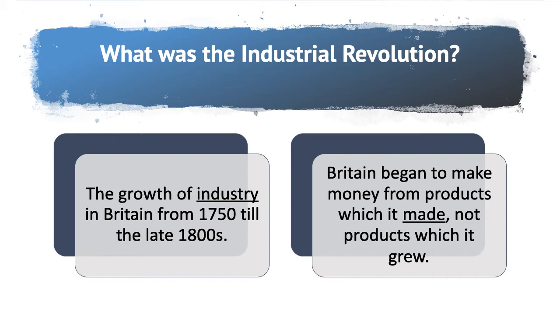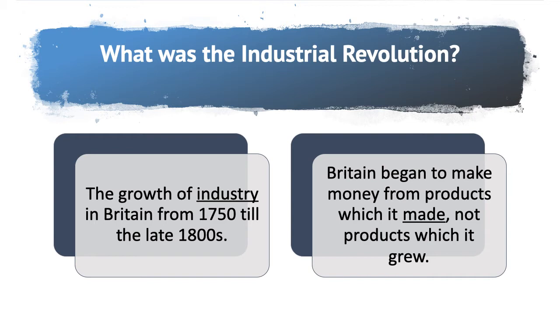And we think about the Industrial Revolution as the period from 1750 to 1900, and we can see there that we're looking at the growth of industry, how work began to grow, and how it began to change. Because in 1750, you probably saw from that picture, Britain was a mainly agricultural society.